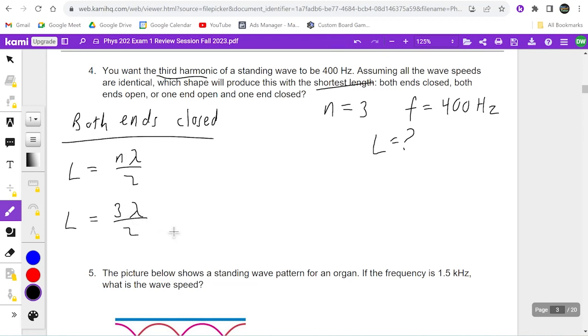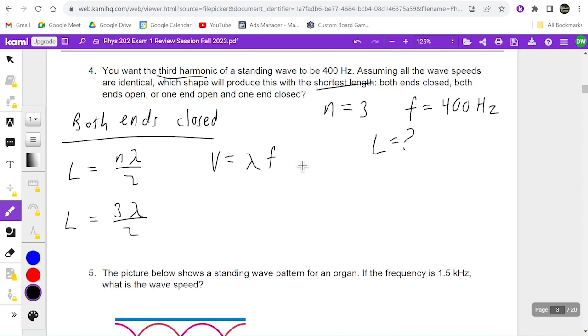And now we've got to find lambda by using the wave speed equation. This is the part that sucks about conceptual questions, is that sometimes there are unknown variables, and the unknown variable today is velocity. We don't know the velocity. Now, can you assume it's 343? You actually can. It's not technically right because you don't know the wave speed, since it doesn't say it in the problem. But if you do use 343, it doesn't matter.